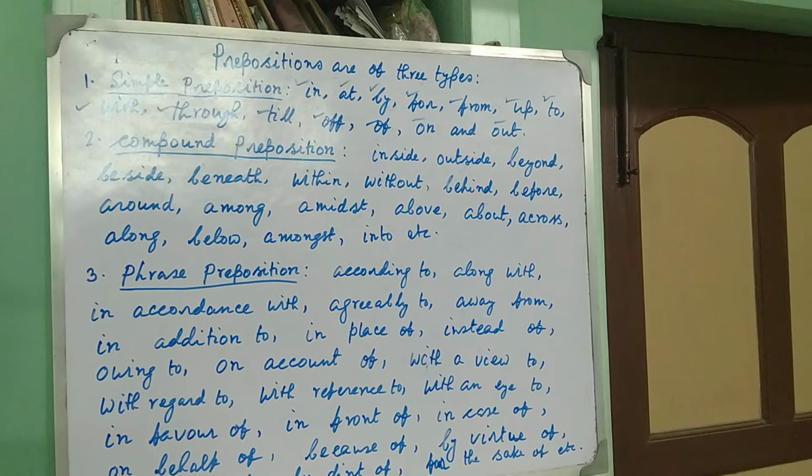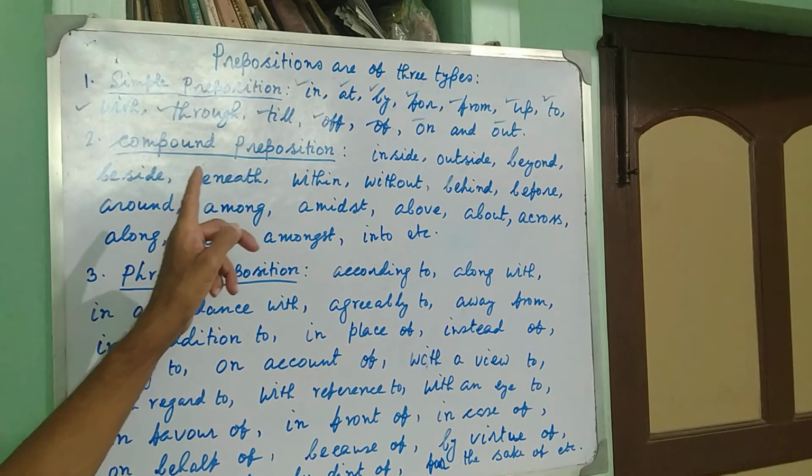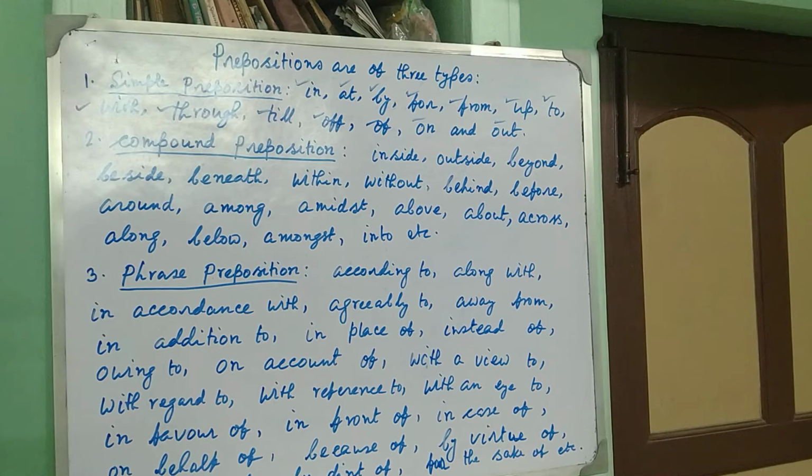And the second category is compound preposition, the Bengali meaning of which is যৌগিক preposition বা পদান্বয়ী অব্যয়. যৌগিক মানে কি? What is the meaning of যৌগিক?